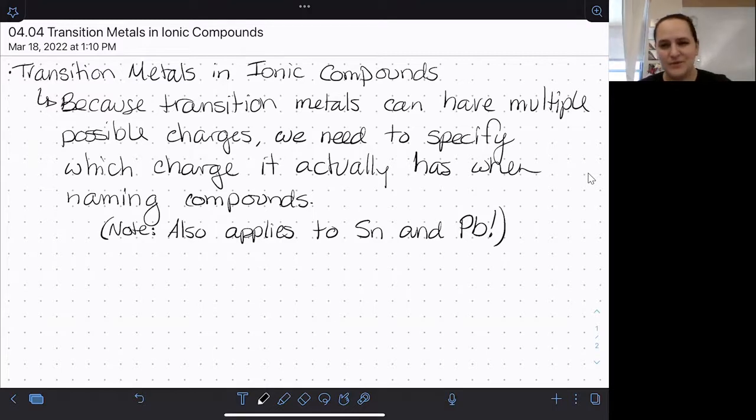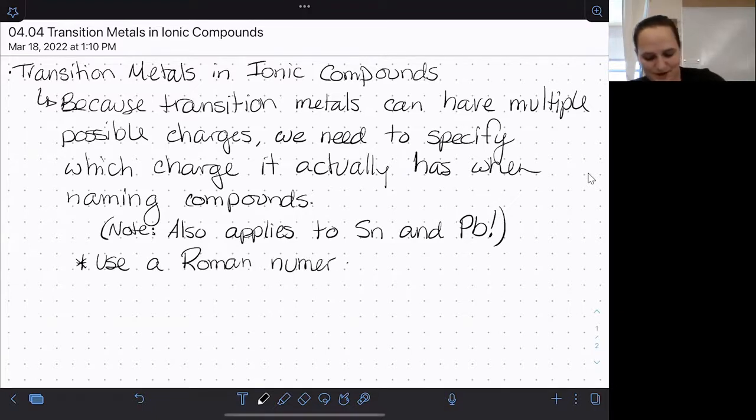So everything we're talking about with transition metals today, we treat those metals like transition metals as well, because functionally they're the same in terms of how we need to name those compounds. So we need to add a piece to our name, and what we do is we use a Roman numeral to specify the charge on the cation.